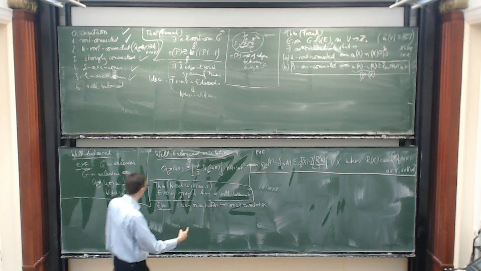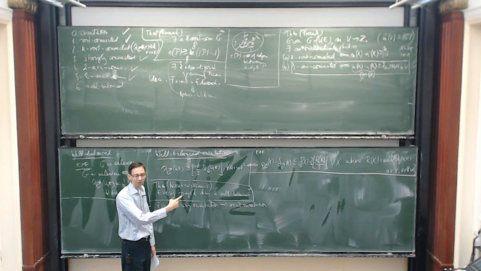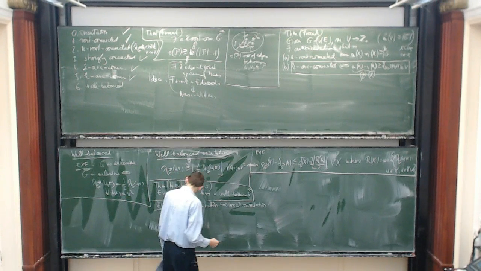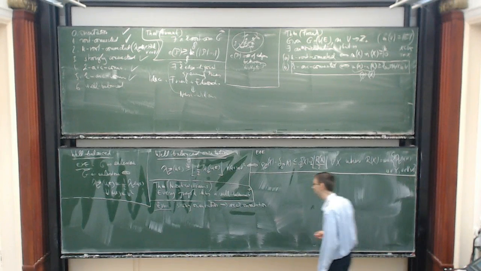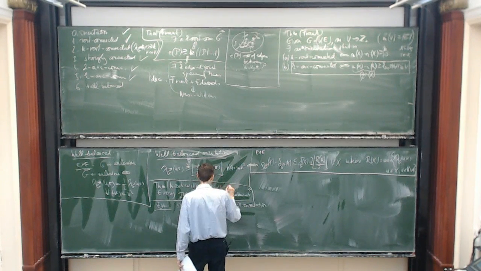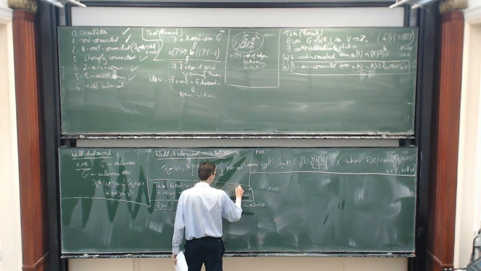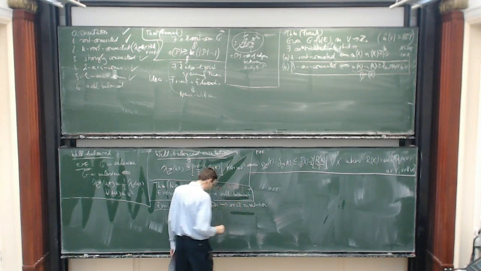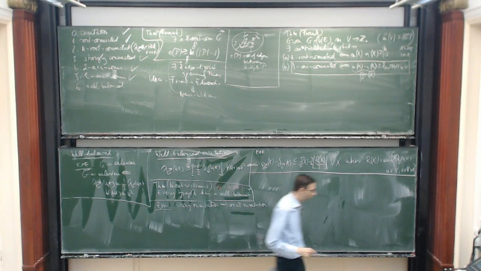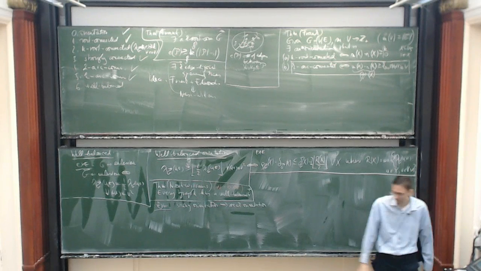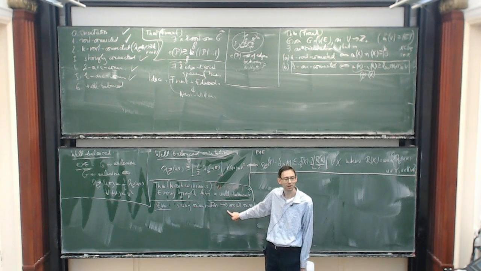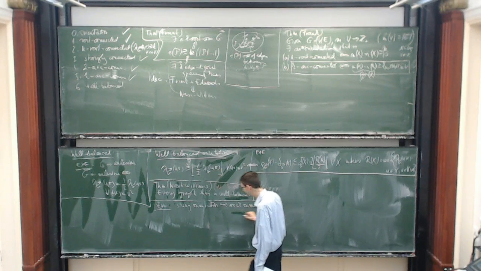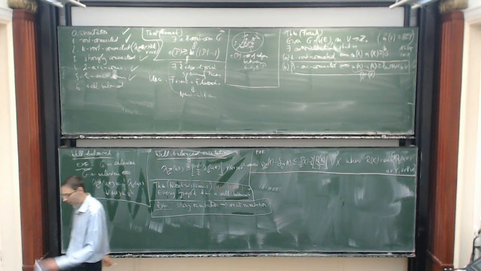But usually one says that this is the strong orientation theorem. But still, I would like to call it well-balanced orientation. Should I prove this, or can you imagine? I think you can imagine this. Okay.